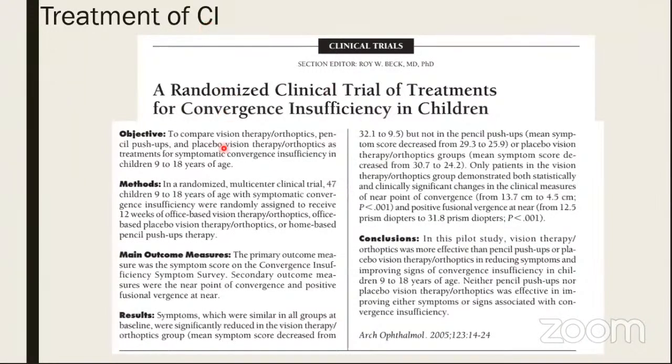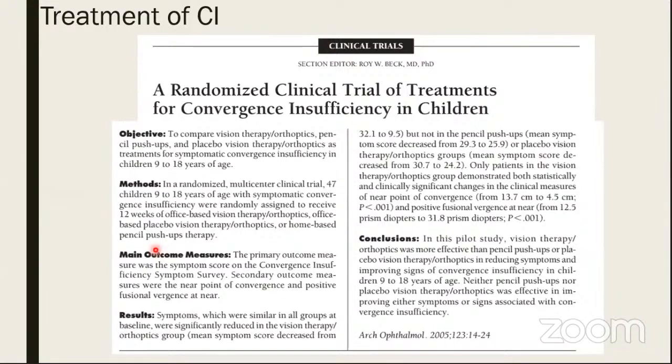Again, a randomized clinical trial was performed for treatment of convergence insufficiency in children, on office-based vision therapy. This was a randomized multicenter clinical trial. 47 children, 9 to 18 years of age, with symptomatic CI were randomly assigned to receive 12 weeks of office-based vision therapy, office-based placebo therapy, or home-based pencil push-up therapy.